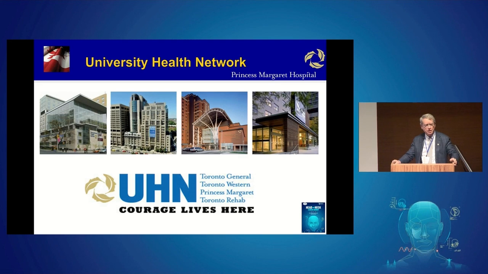I'm from the University Health Network at the University of Toronto. For those of you that haven't been to Toronto, the University Health Network is a network of 4 hospitals: the Toronto General, the Princess Margaret, the Toronto Western, and our rehabilitation facility. Princess Margaret is the cancer center and is Canada's largest cancer center.